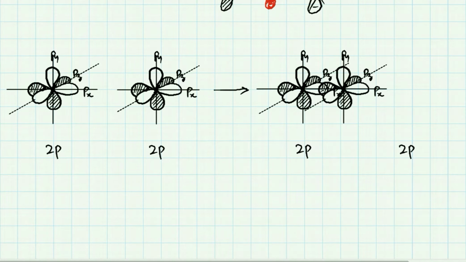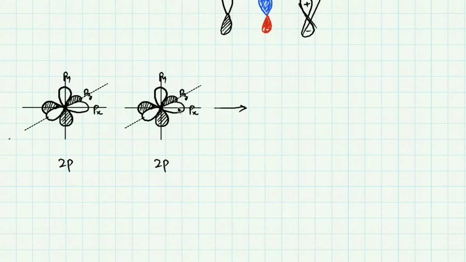If you look at the px orbital, for the sake of our convenience, we are making a little change in this p orbital, and the shaded area we make towards the right side, so that when we combine these together there may be some ease of understanding.